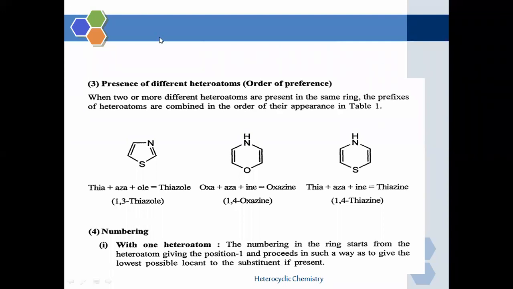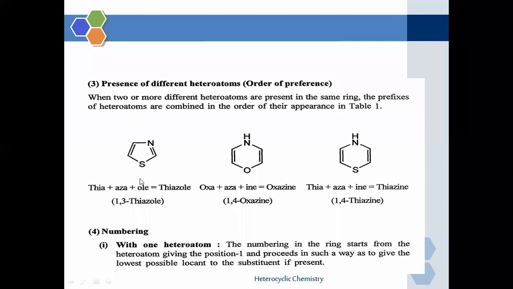Rule number 3 will give the information about the presence of different heteroatoms. So at that time we have to assign the preference order to the heteroatoms. When two or more different heteroatoms are present in the same ring, the prefixes of the heteroatoms are combined in the order of their preference.